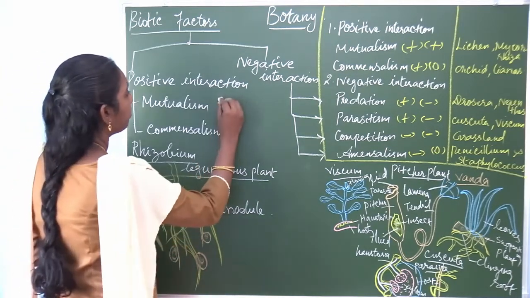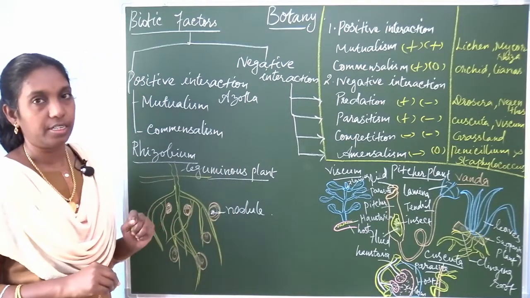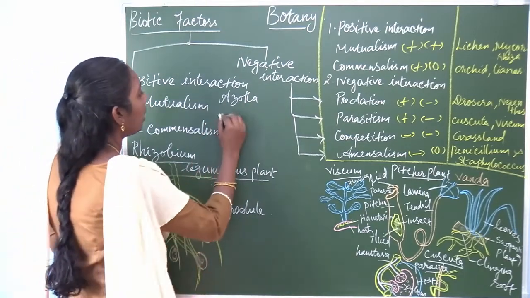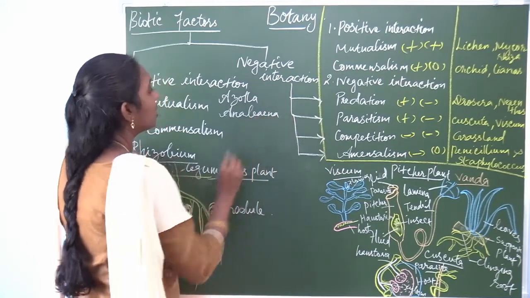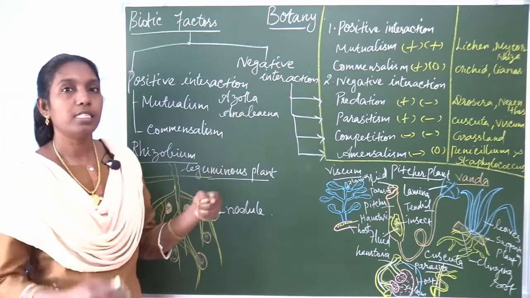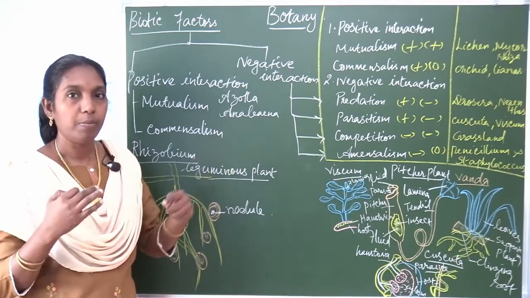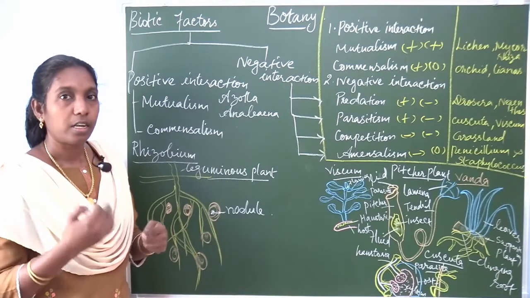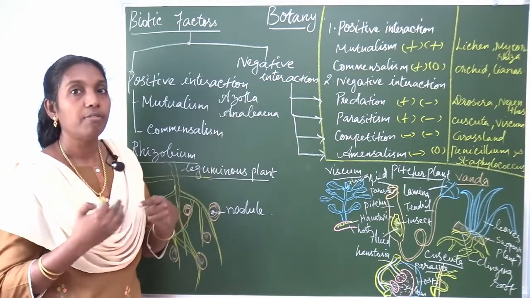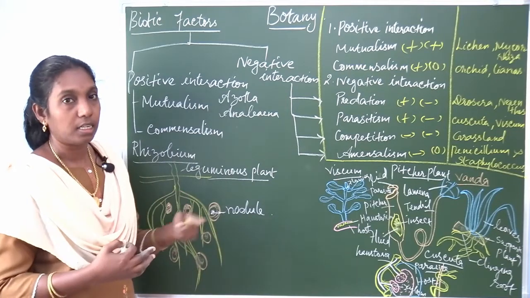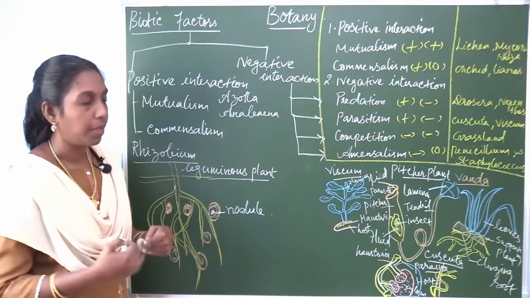Azolla is a water fern. This Azolla and Anabaena, a cyanobacteria or blue-green alga, have a mutual relationship.